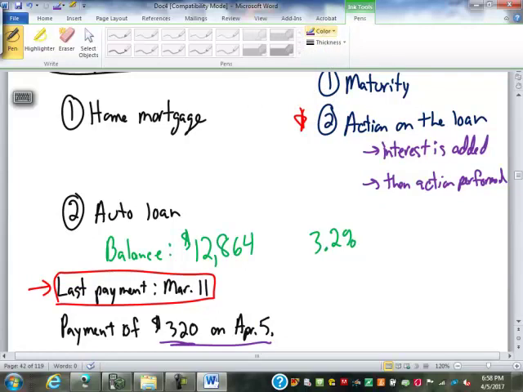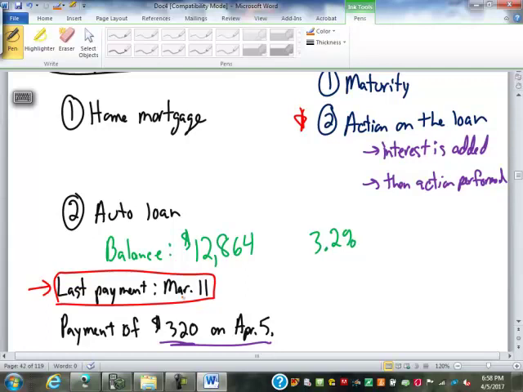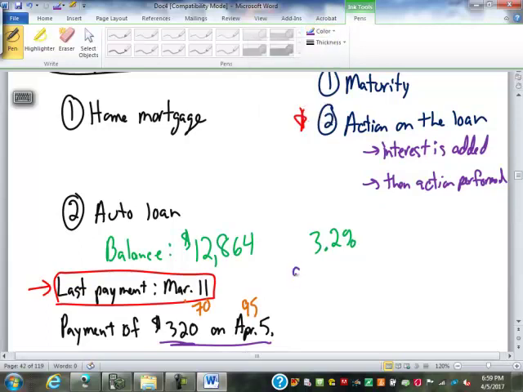To do that, we need the days. So in your little magic table, what is the number for March 11th? 70 days. And for April 5th? 95. So that is a difference: 95 minus 70, 25 days.